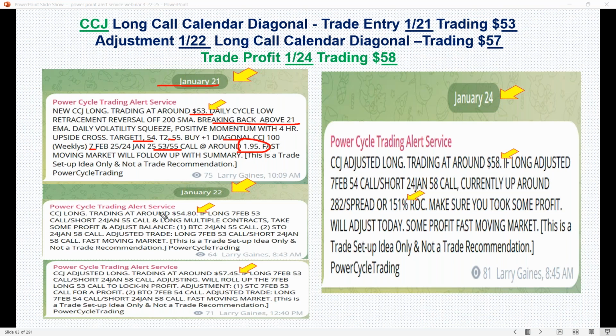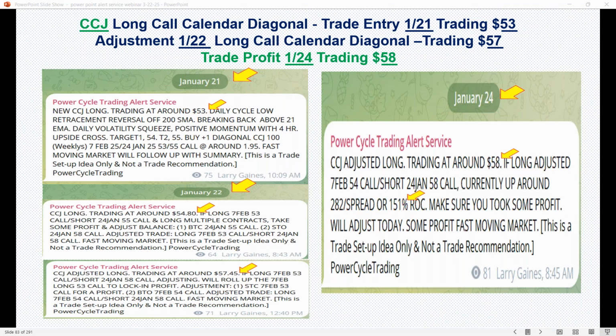And then here, we do a couple adjustments, do a lot of different things. And then here it was on the 24th, now trading at 58. If long the adjusted 54, 58, we did an adjustment to adjust the trade, currently up around $282, 151% return.